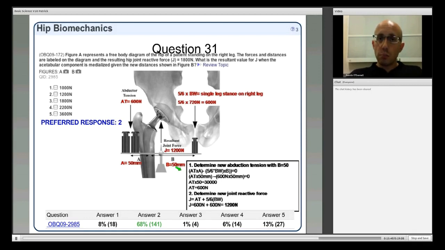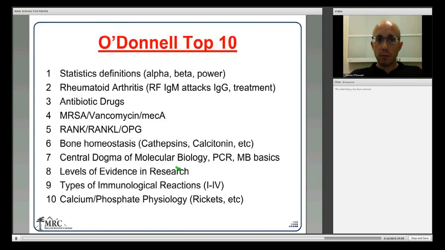You then plug that into your second equation to determine the new joint reactive force. So J equals abductor tension plus 5/6 body weight, or J equals 600 newtons plus 600 newtons, or 1200 newtons. That's how we get to answer 2.